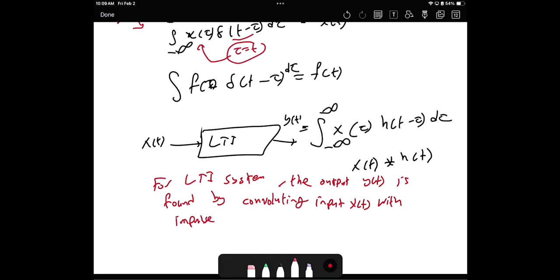So we can find the output by knowing the impulse response first, then do the convolution between the impulse response, which is h of t, and the input x of t.